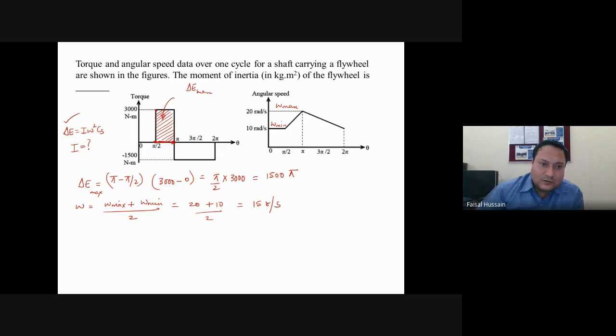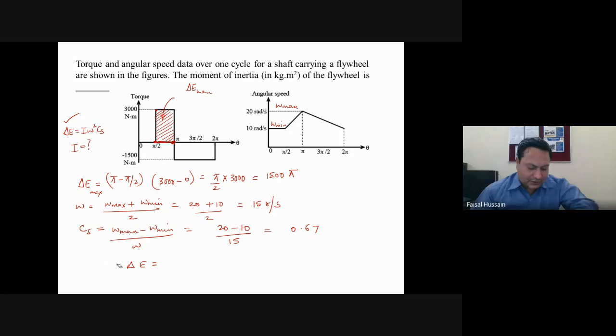Okay, now what is CS? CS will be omega max minus omega min divided by omega. So omega max 20 minus 10, and omega mean is 15. So it is 0.67. So now, not delta E, directly I will use the equation.